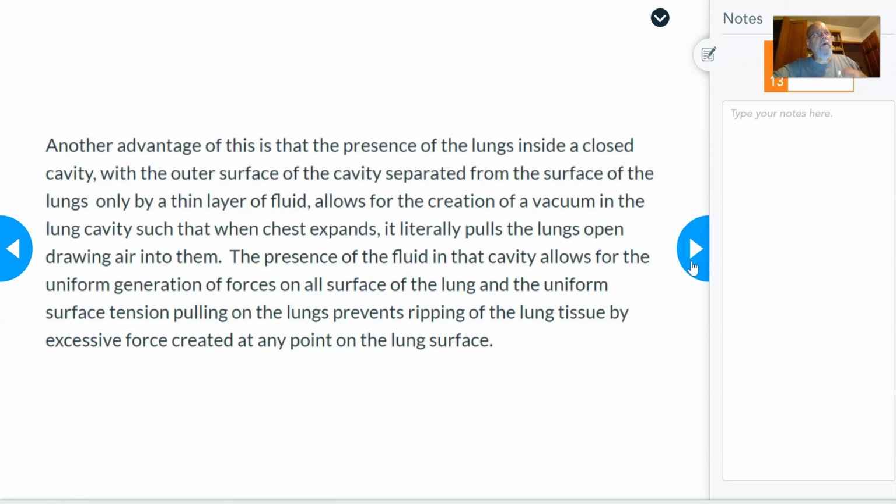I'm not actively pulling air into my lungs. I'm expanding the lungs themselves, and that lowers the pressure inside of the lungs, and then atmospheric pressure is greater than the pressure inside the lungs, and that pushes the air inside. So I'm not pulling air inside my lungs. I'm creating a situation where the atmospheric pressure is greater than the pressure inside my lungs, and that's what pushes the air into your lungs.